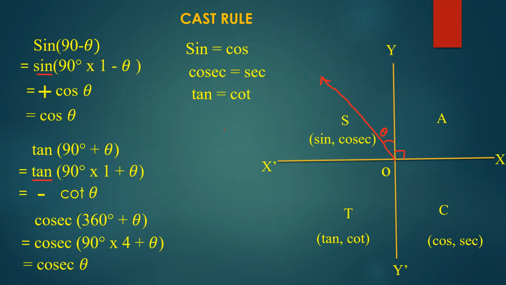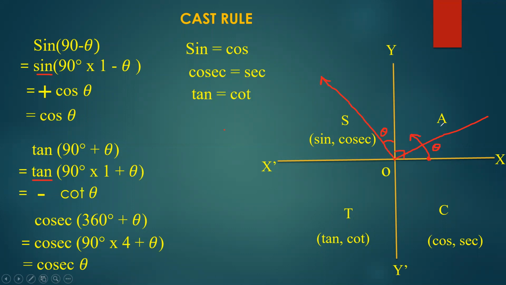And since it is the fourth quadrant, it completes one rotation, right? It is 90 times 4, it will make one complete rotation, and plus theta. See, from here it will go up to here, it is a complete rotation, and then plus theta means it goes to the first quadrant here. Plus theta will be somewhere here, and it is cosec theta.